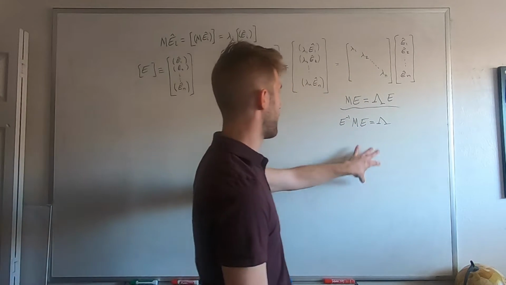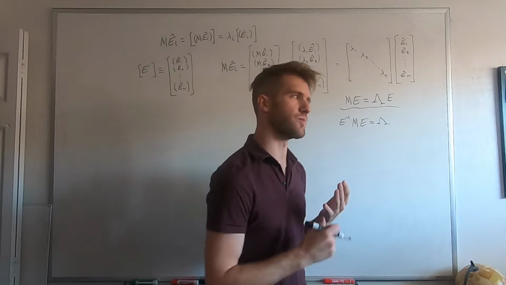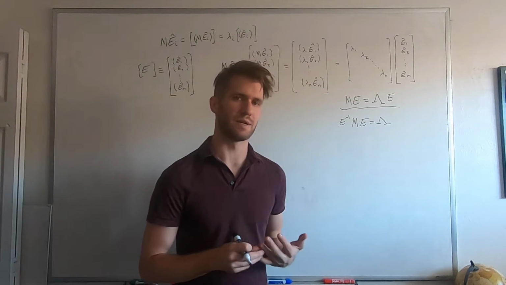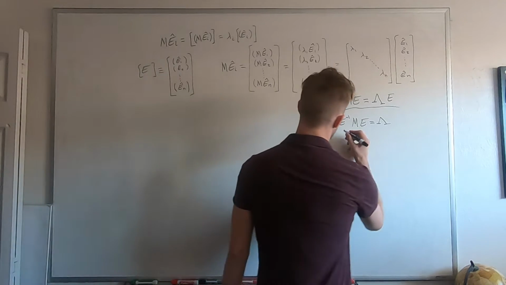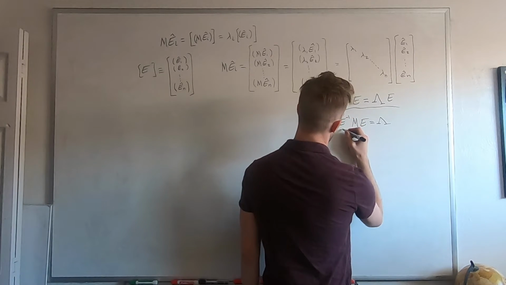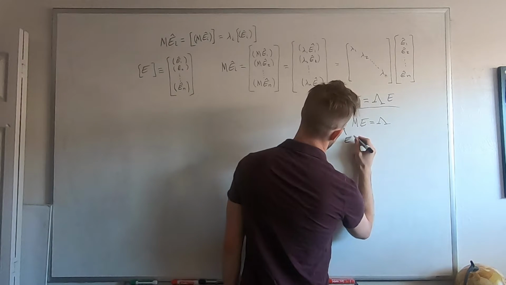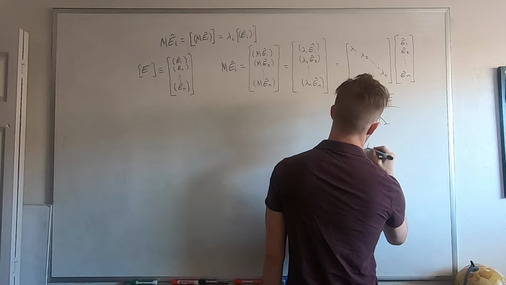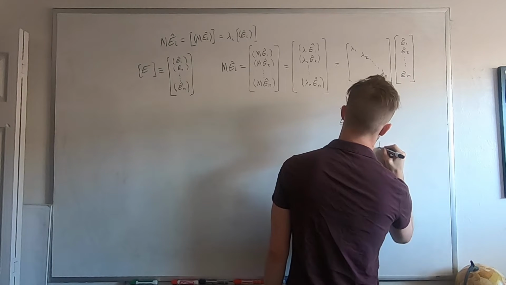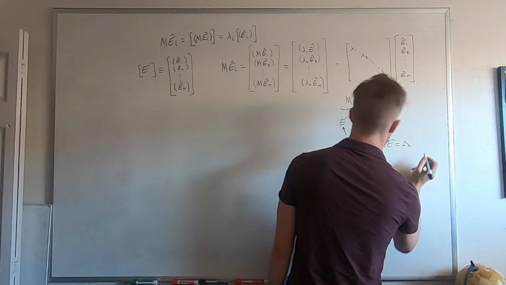Okay, so we have our similarity transformation, and it is also important to note that this really only works with symmetric square matrices. And if we have a symmetric matrix, that means we can express our inverted matrix here as E transpose. So this can also be written as E transpose M E equals lambda.